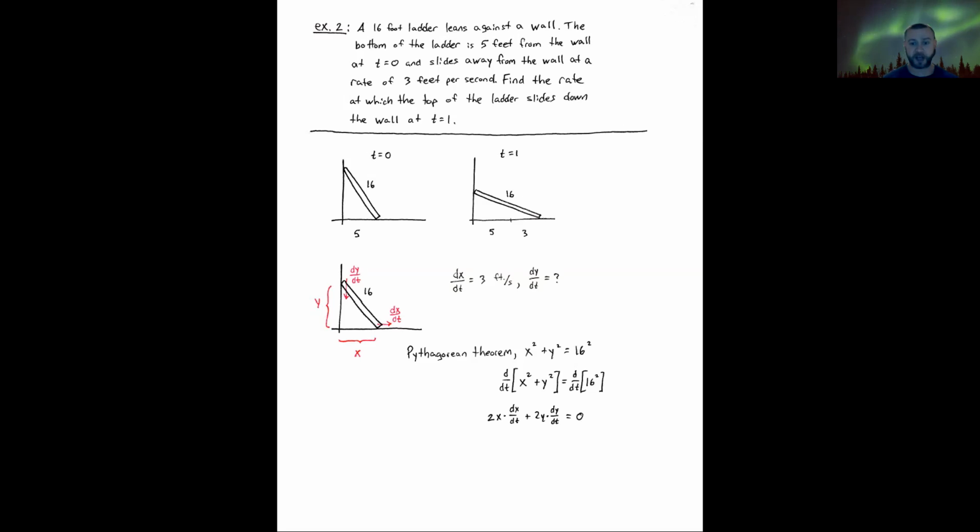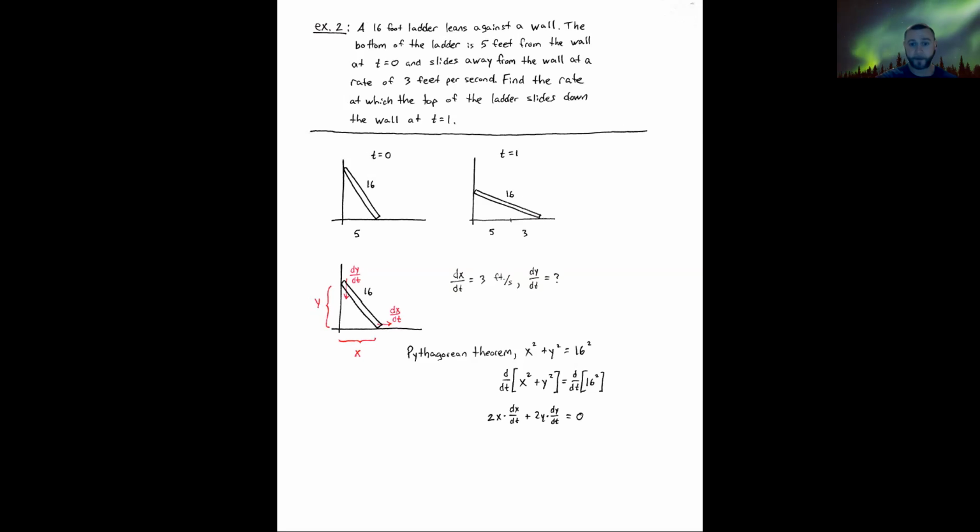So notice on the right-hand side, that derivative comes out to 0, and then we're applying implicit differentiation to both x squared and y squared, keeping in mind that they both change with time. So we have dx over dt and dy over dt, multiplying those two derivatives.